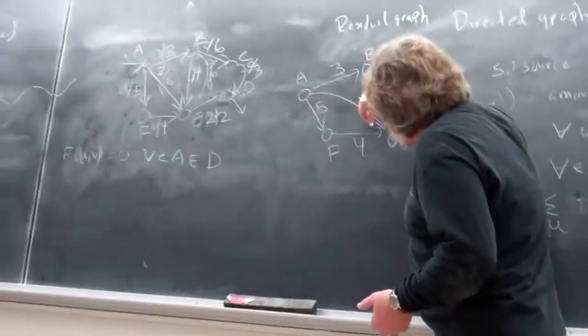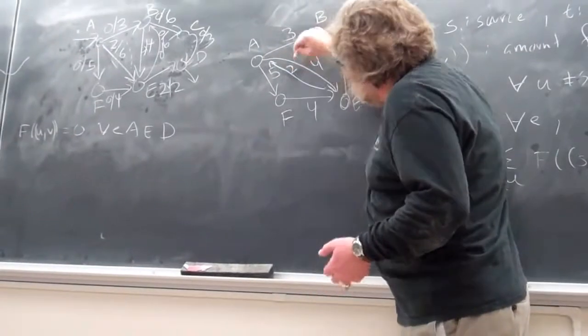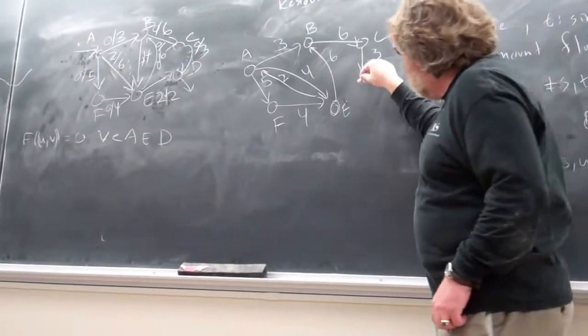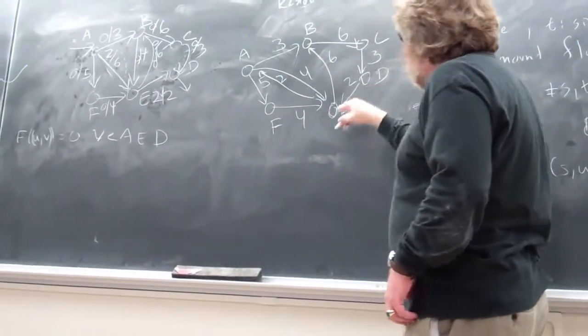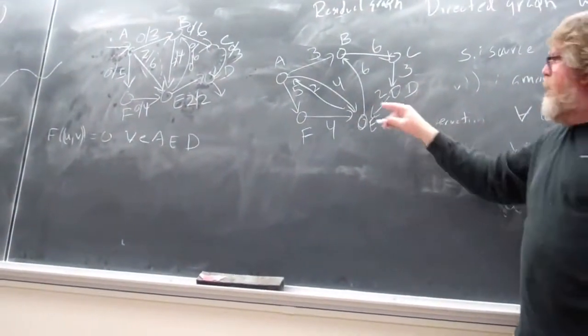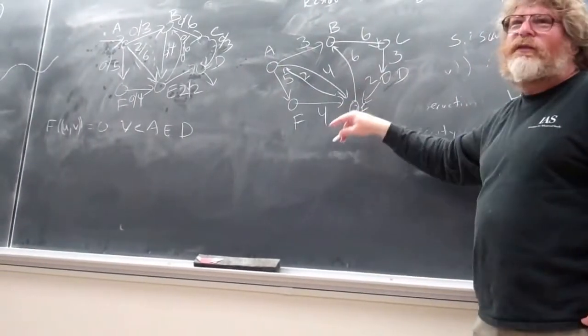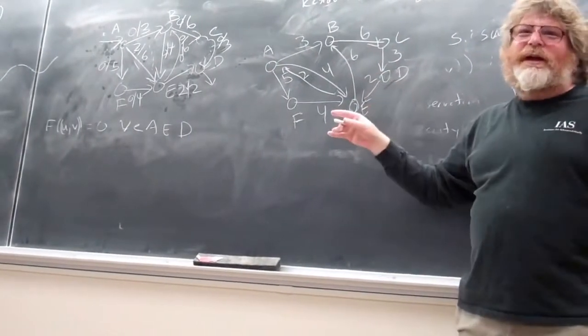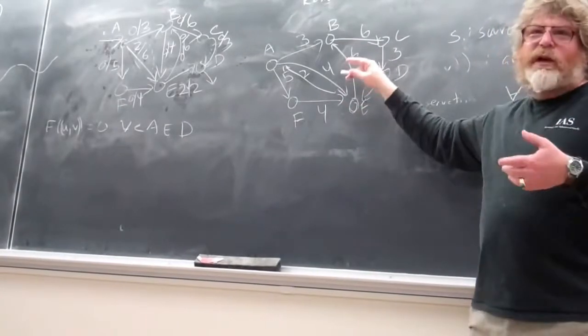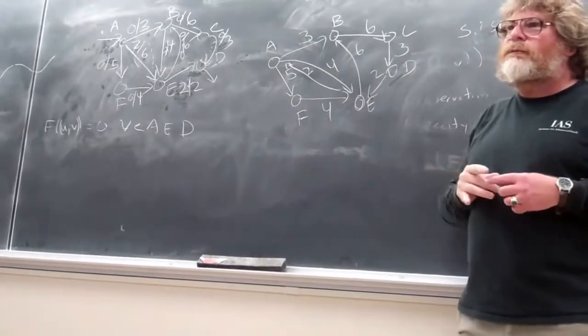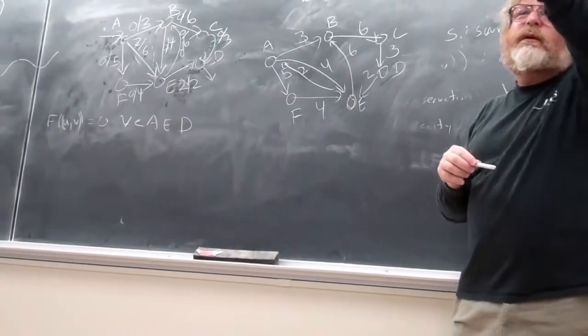So what we'll do is we'll put in an edge of capacity 2 in the reverse direction, and we'll put in an edge of capacity 2 in the reverse direction here. Now, this is an edge going into the source, and this is an edge going out of the sink, so we know that they're really not going to help us, but this is sort of the general rule, so I want to keep on doing it consistently.